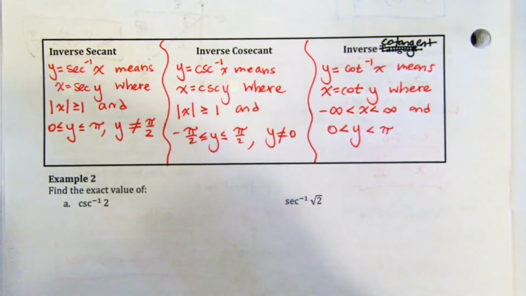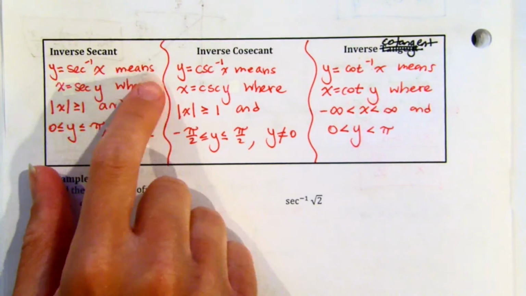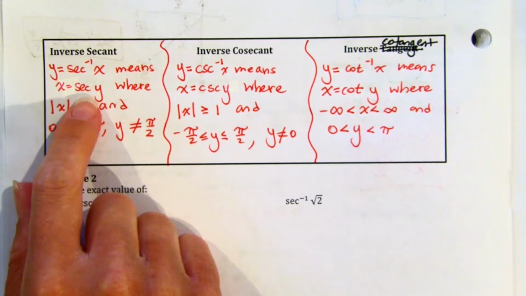So, when you're dealing with inverse secant, inverse cosecant, or inverse cotangent, you just need to think about their related reciprocal functions. And then you'll know a little bit about the domain and the range. When we look at the inverse secant, y equals the inverse secant of x, that means x is equal to secant of y.